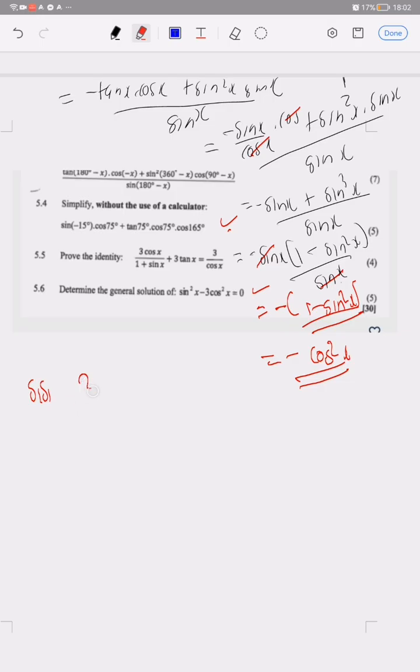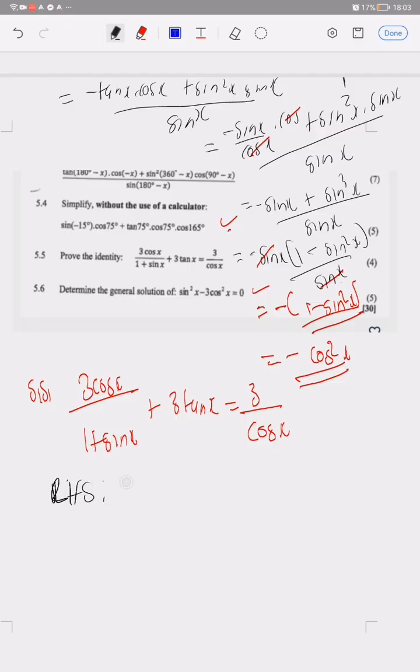So this will be 3 cos x over 1 plus sine x plus 3 tan x is equal to 3 over cos x. Remember, it is an identity, guys. Dealing with an identity, you just focus on the difficult side, usually the left-hand side most of the time, sometimes it can be both.